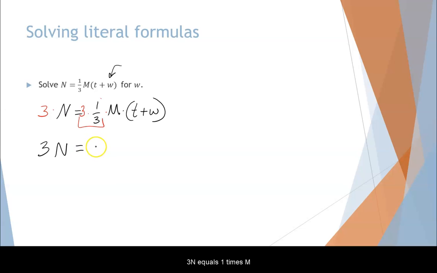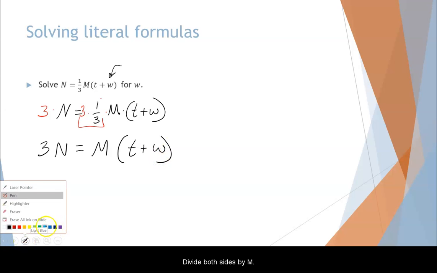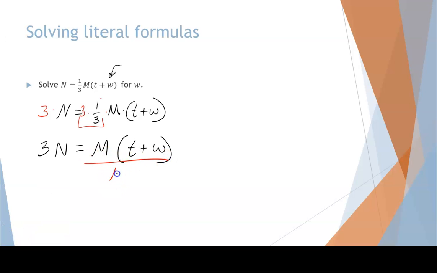3n equals 1 times m times (t plus w). Divide both sides by m. Since m is multiplied in, we'll divide it out. This gives us 3n divided by m equals t plus w. We've isolated our parentheses.